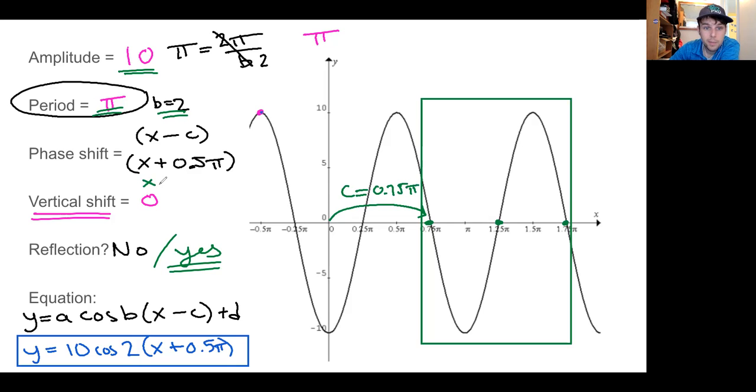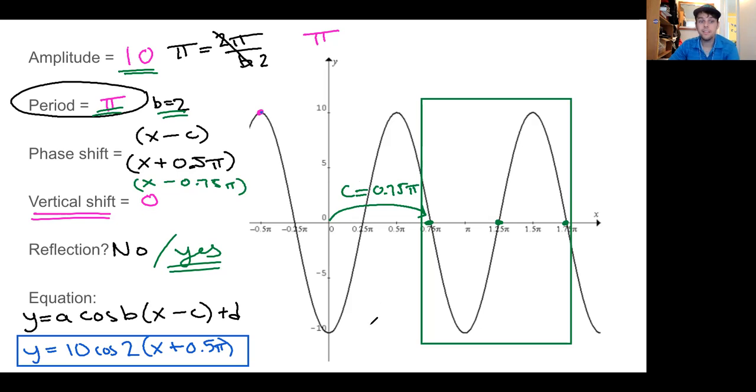So when I write this, it's going to be x minus c, which is 0.75 pi. So that's going to be my phase shift for this particular sine equation. Still no vertical shift, same as the last one. We didn't move the graph up or down just by choosing a different period. It is reflected though, because the period we're looking at is a reflected period.